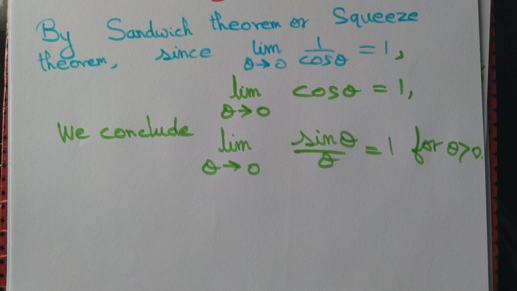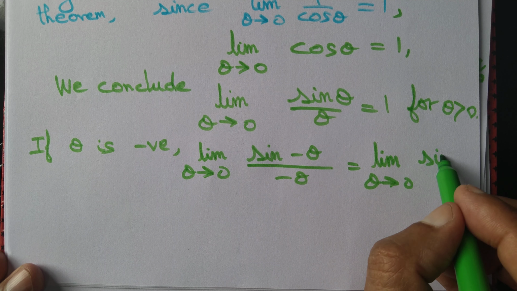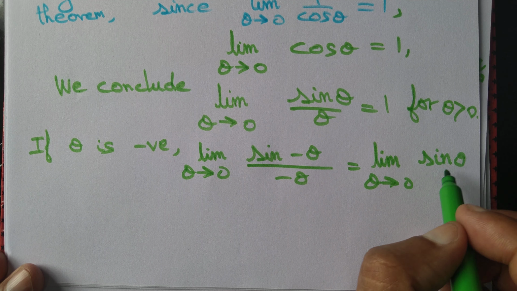We are not complete. What if theta is less than 0? If theta is negative, limit theta tends to 0, sin of minus theta by minus theta is equal to limit theta tends to 0, sin theta by theta.